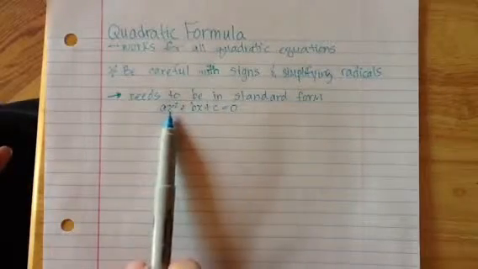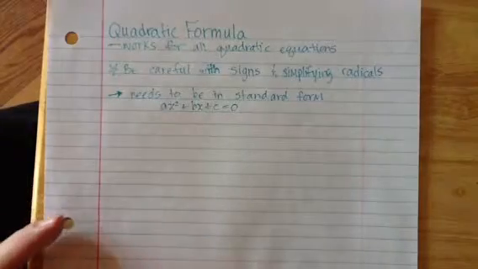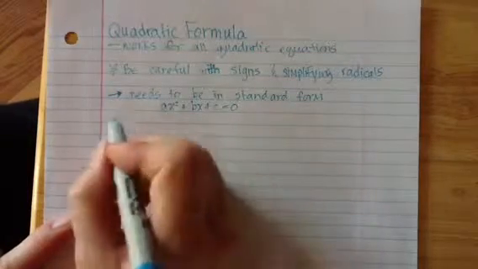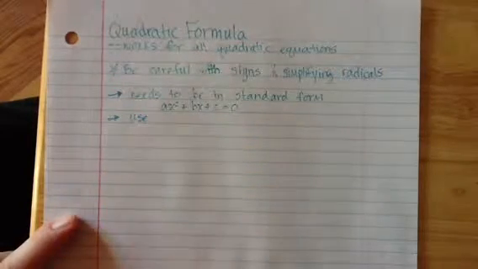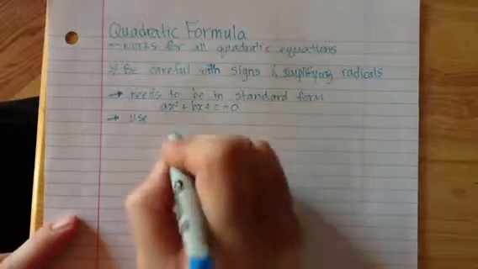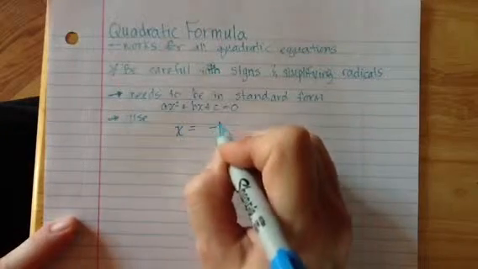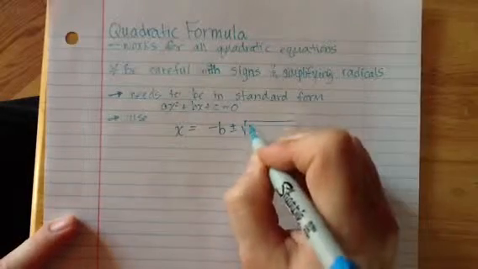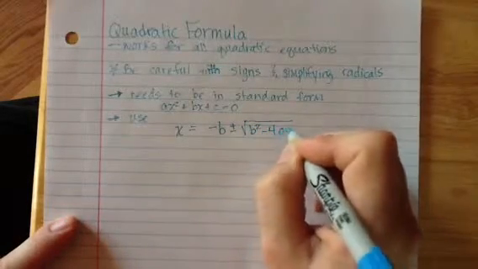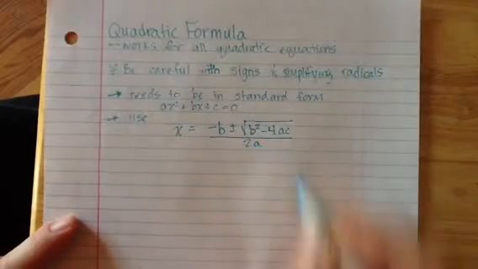Now, any of these values for a, b, and c could also be 0, and the quadratic formula will still work. Then you're going to use the formula. The formula was x equals opposite b plus or minus the square root of b squared minus 4ac, divided by 2a.